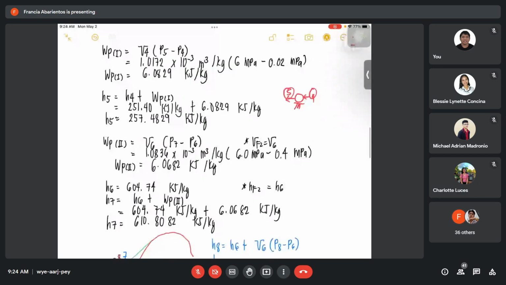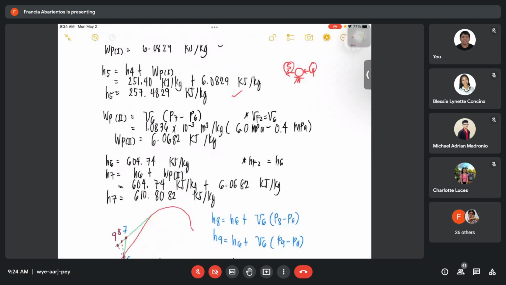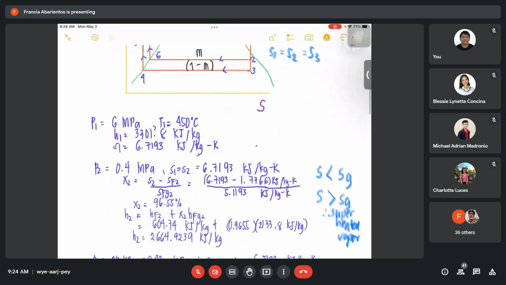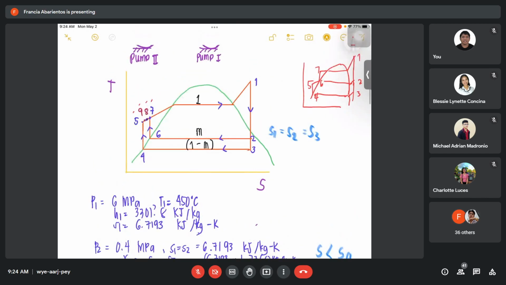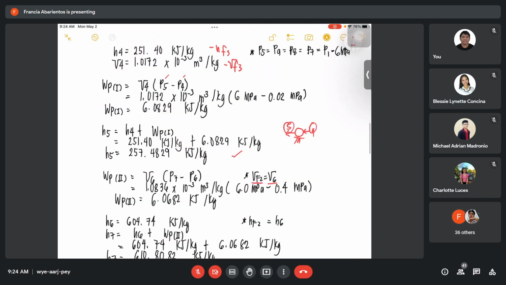So, this one class, makukuha na natin by computing for the enthalpy at point 5. And for the work at pump 2, ano naman yung gagamitin natin class? Yung specific volume at saturated liquid at point 2, which is just equal to the specific volume at point 6. Dito class. This is VF2. Equal lang siya sa specific volume at 0.6.